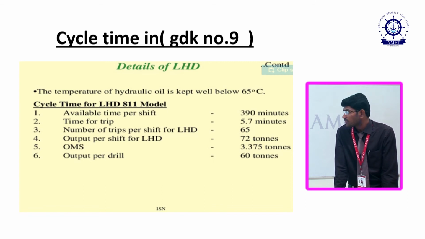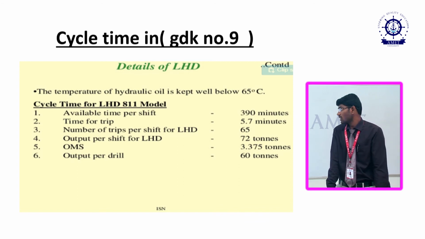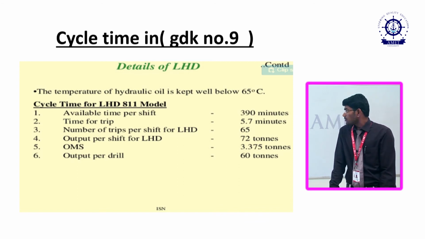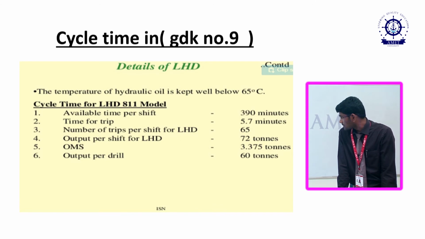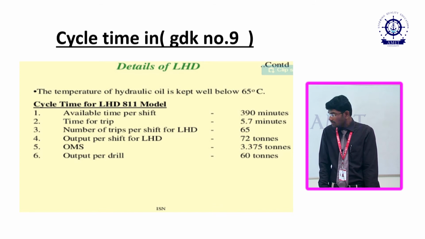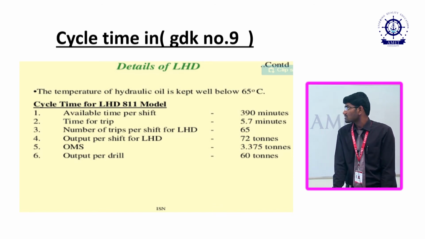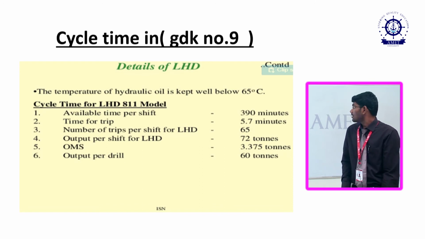The number of trips in one shift is 65, and output per shift for LHD is 72 tons, and the OMS, output per man per shift, is 3.3 tons, output per drill 60 tons. These are the cyclic time details we observed in Kothagudem mines by observing details of LHD.